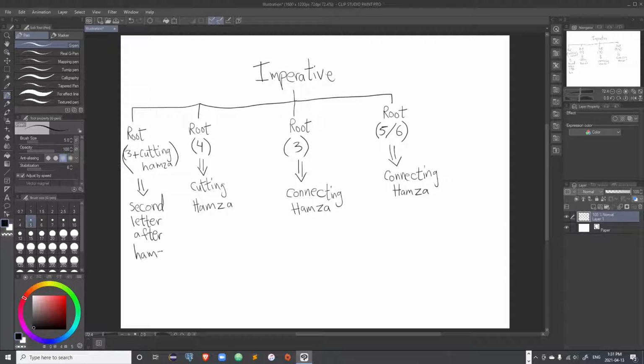So that means that in the imperative form, the cutting hamza is removed from the root, and you start with the second letter immediately after the cutting hamza.